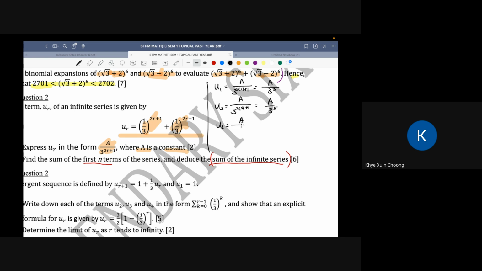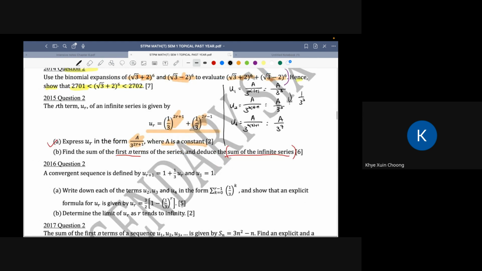u_3 will equal A over 3 to the power 2 times 3 plus 1, which equals A over 3 to the power 7. Okay, you can notice that there is a common ratio between them. The common ratio is actually 1 over 3 squared. So how should we actually get this common ratio?